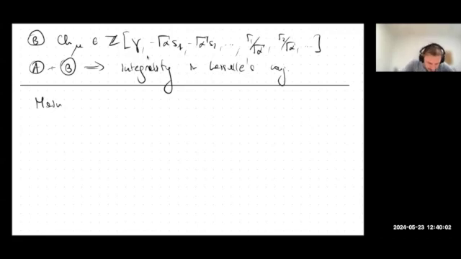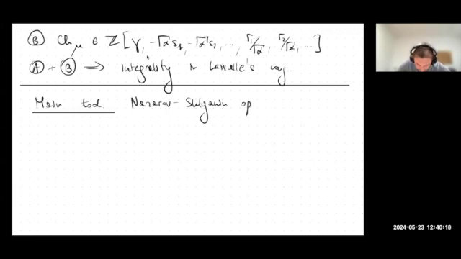So the main tool that we used are certain operators that were introduced by Nazarov and Sklyanin. First, I will define a matrix.